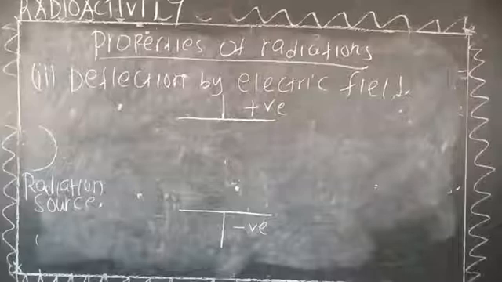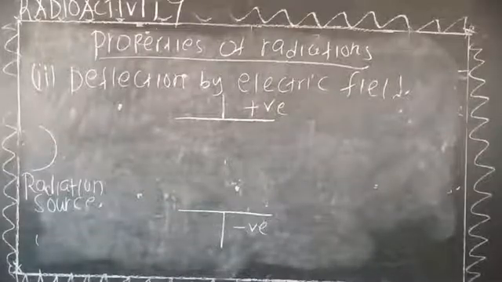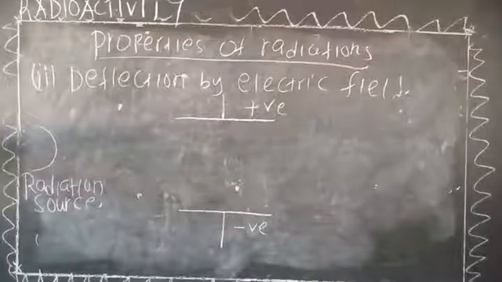Remember we said that the beta radiations are negatively charged. Therefore, the basic law of charge states that unlike charges attract while like charges repel.